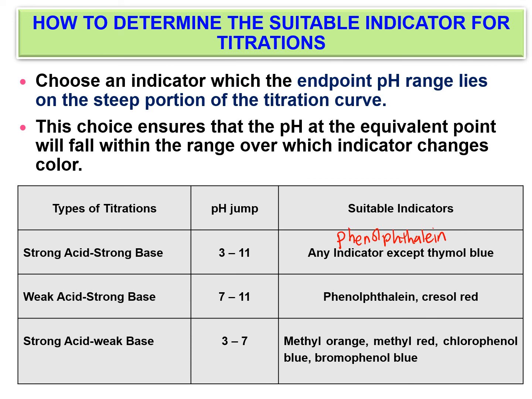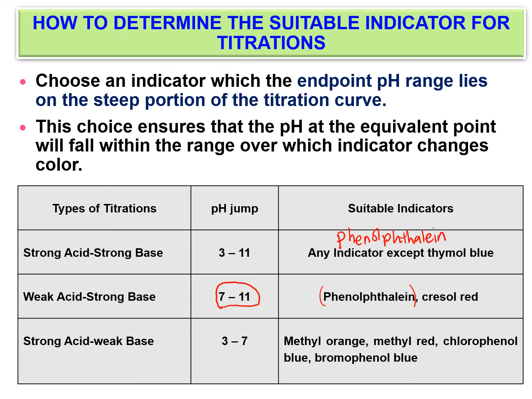Okay, and then untuk strong base, weak acid, pH jump 7 to 11, boleh guna dekat sini phenolphthalein, atau tadi yang kita tentukan. Weak acid and strong base.